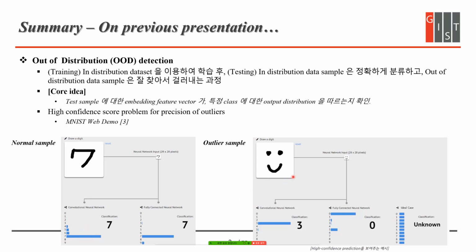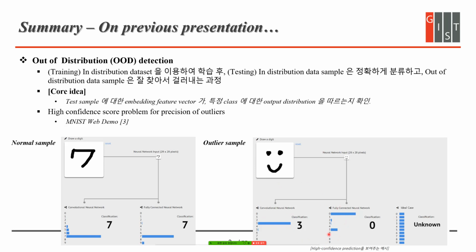But in the other case, we just draw a human face, and the output is that the third node has the maximum value in the output vector, and the 0 node also has large values.